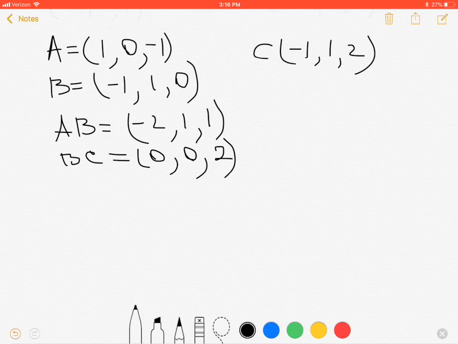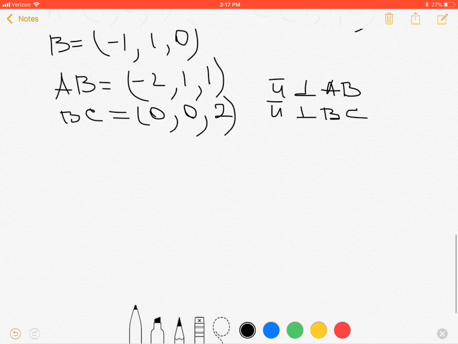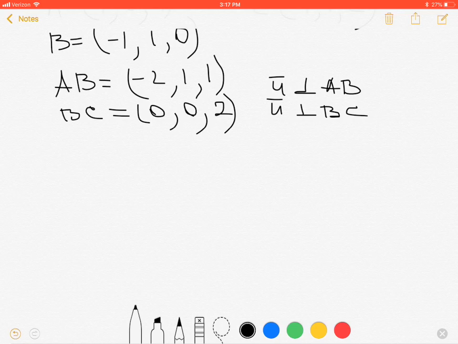We need a vector perpendicular to both of them. This means we need to find vector u, which will be perpendicular to AB, and u perpendicular to BC. Okay, this means we need to find the cross product.